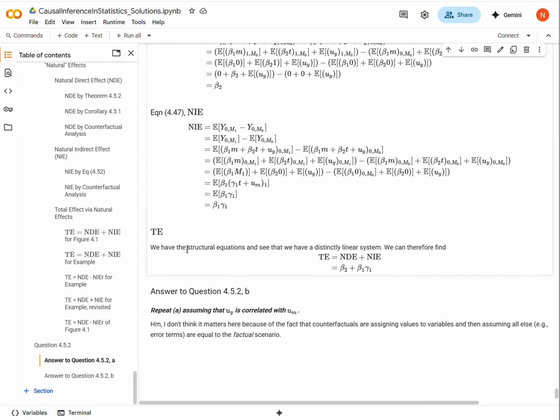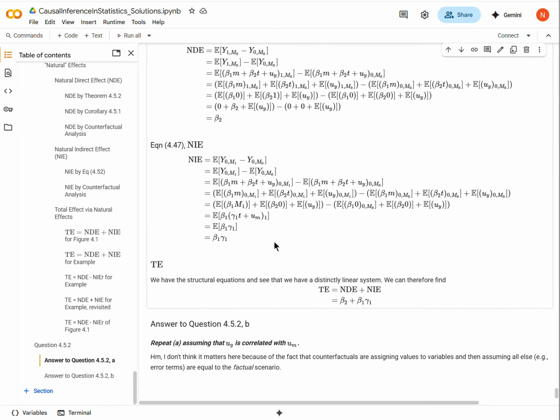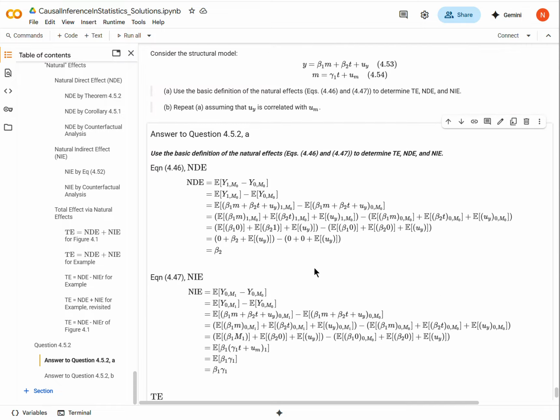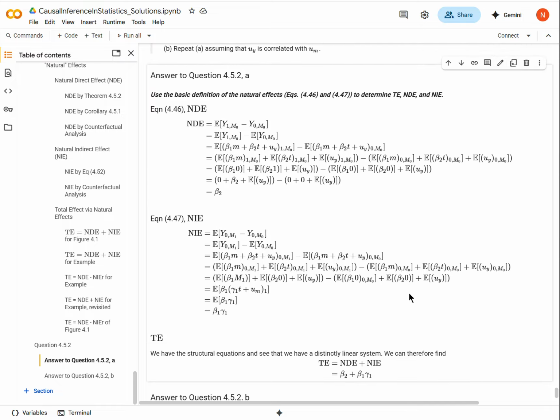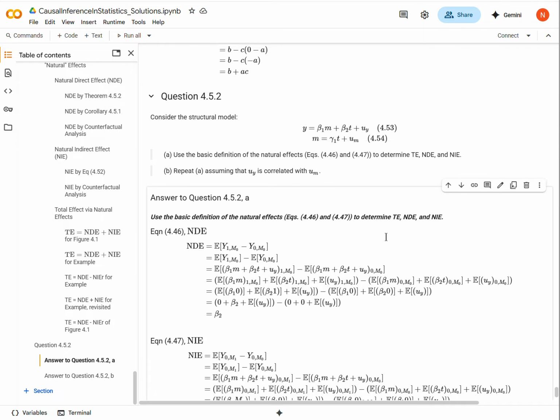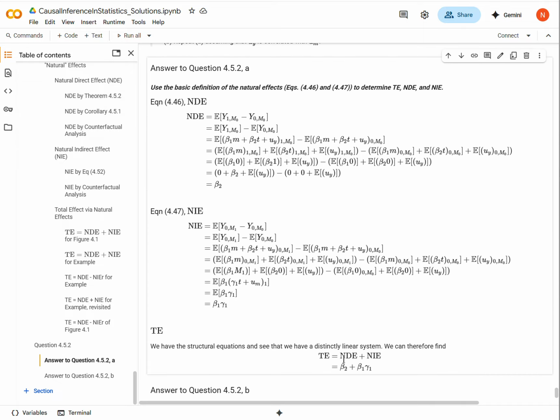Now, finally, for the total effect, there are two ways that we can get the total effect. The simple one, if we're lucky enough, is just the sum of the NDE and the NIE, two values that we already found. Well, how do we know if this one applies?